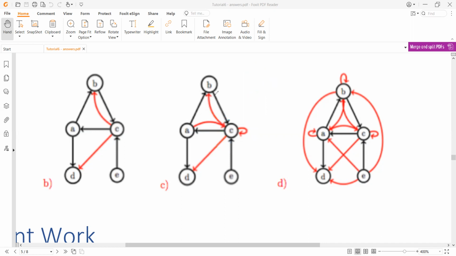So, guys, B to itself, this is number 1. And A to itself, this is number 2. And again, back. Let's do again and again. Okay. And A to D. Okay. It's already there. You don't have to write it.